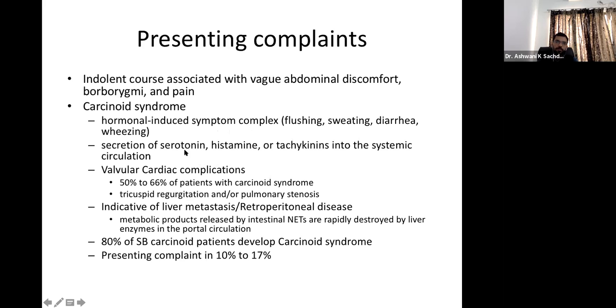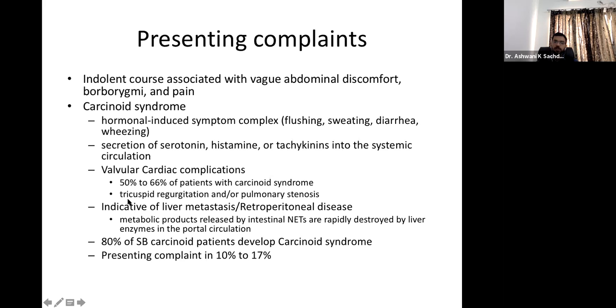So because of release of serotonin, histamine, tachykinin into systemic circulation, there are symptoms produced which are like flushing, sweating, diarrhea, wheezing. They occur, and valvular cardiac disease complication occur in about 50 to 66% in patient with carcinoid, and they are because from the systemic circulation they reach the right side of the heart.